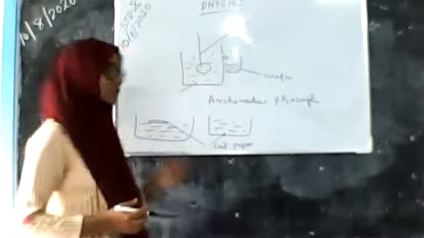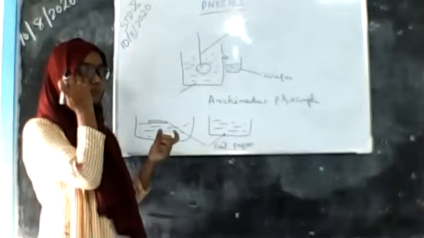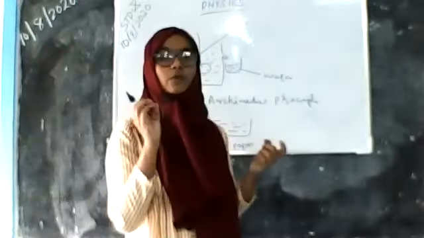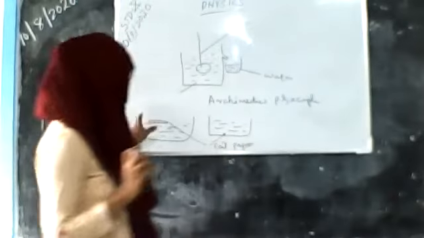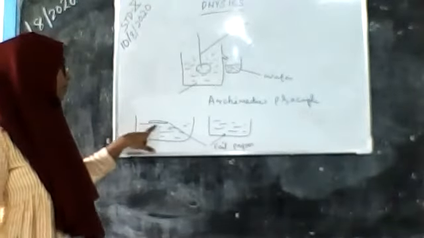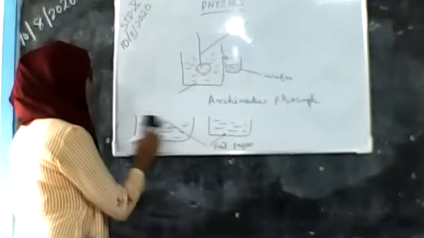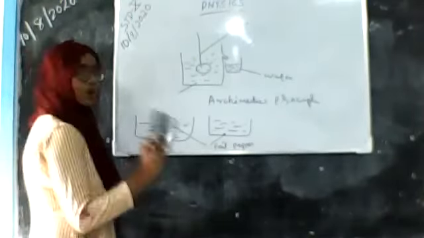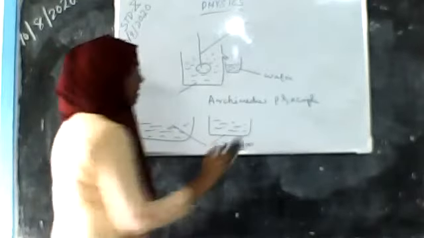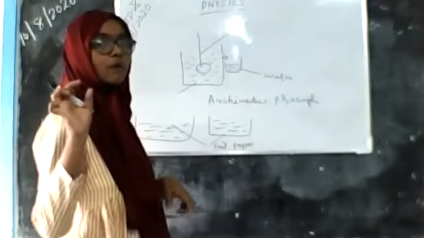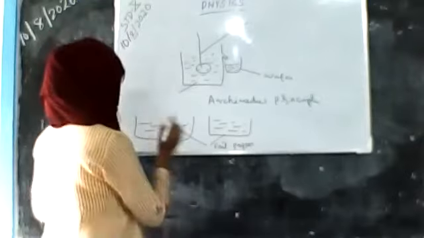In another case we use a wooden block in this beaker. Now we have used a small foil paper; in the next case we use a small piece of wood.